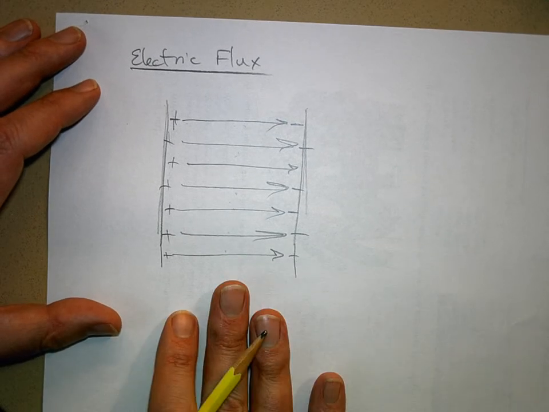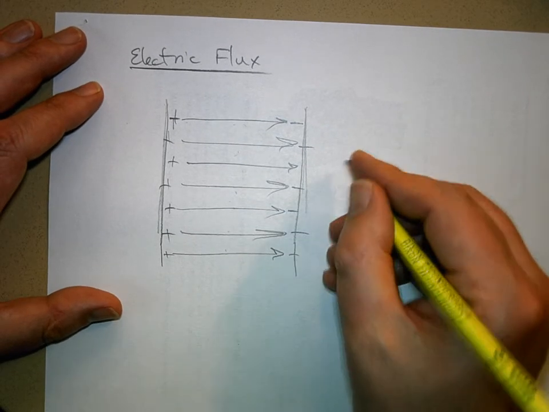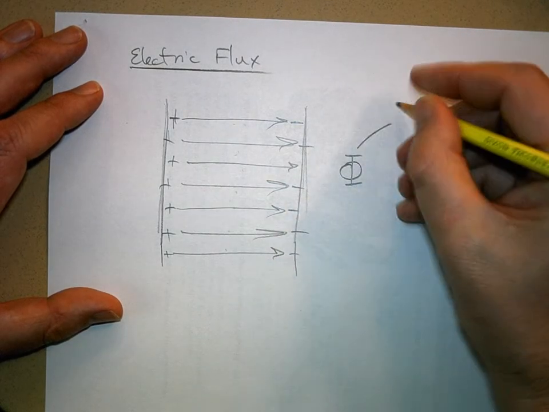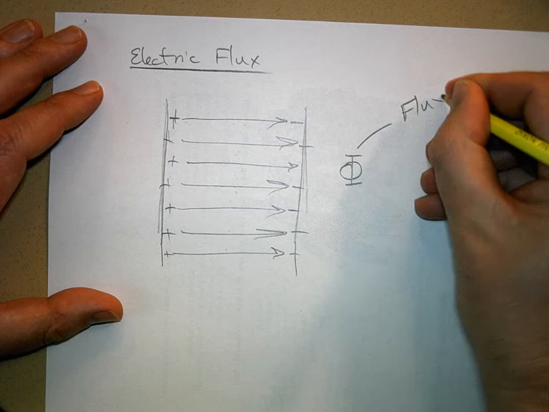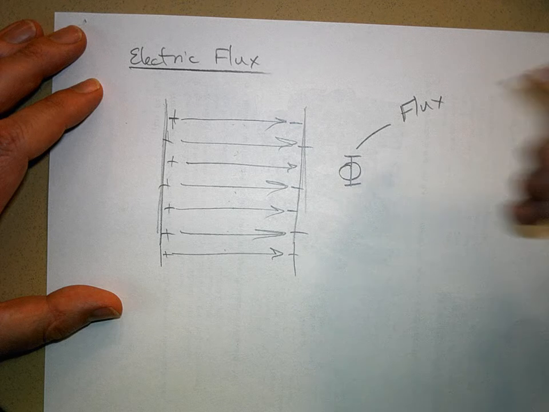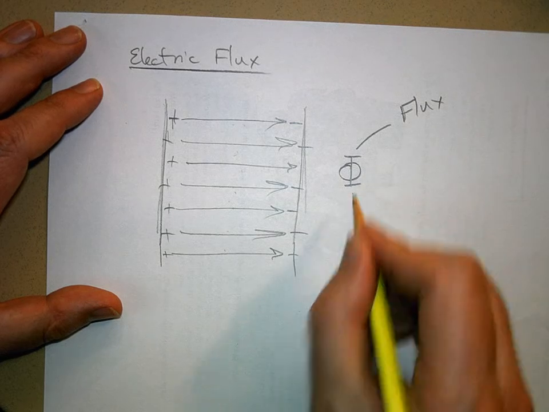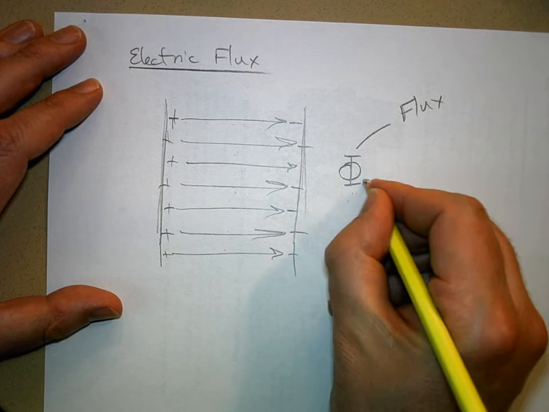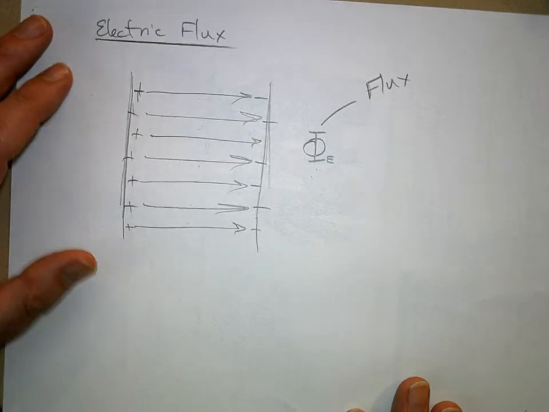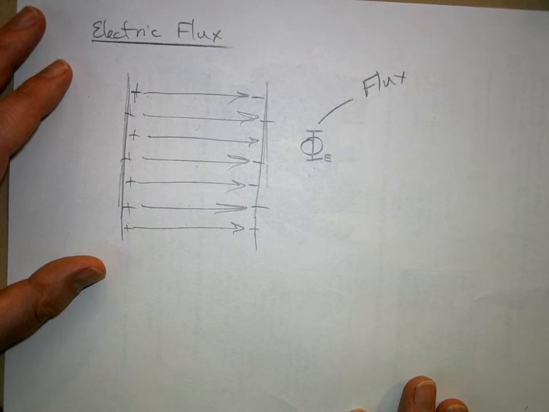The amount of flux has this symbol, the flux symbol. Because it's electric, we'll put a little e in there. We're going to get to magnetic flux later on. All right, yeah, you can't wait.